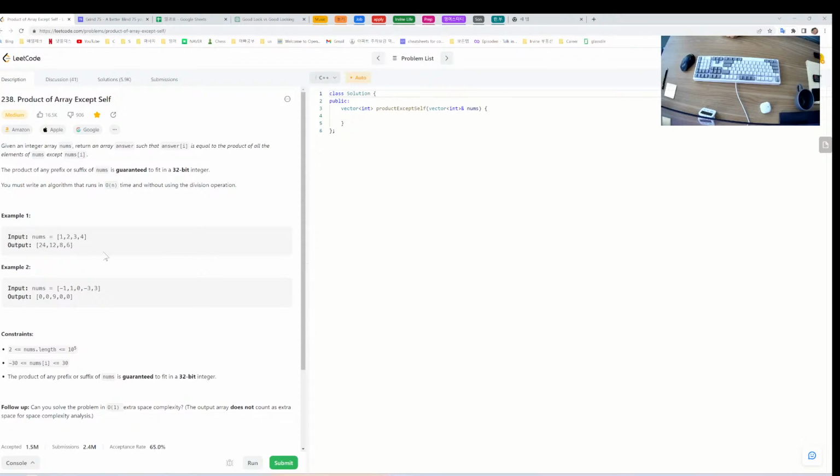But I cannot use the division operation. And since it's multiplication, I should always worry about the zero, right? If there is any zero in this nums, the answer will be always zero.